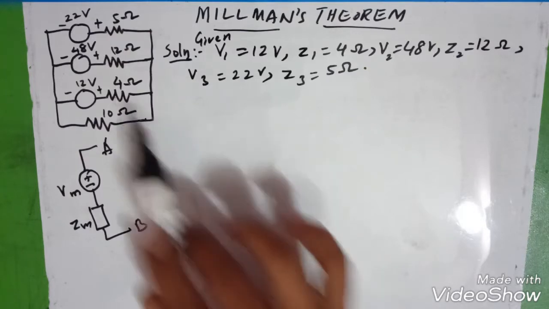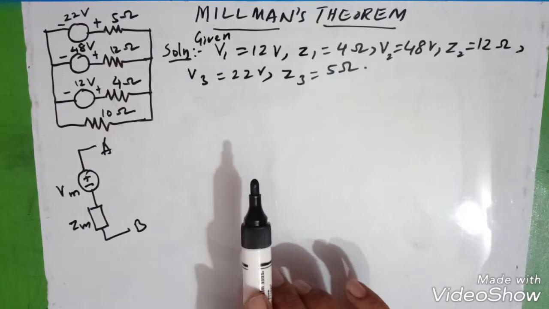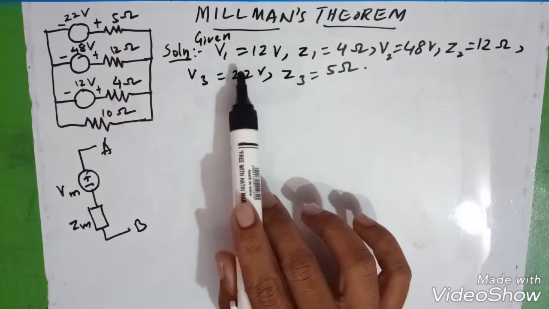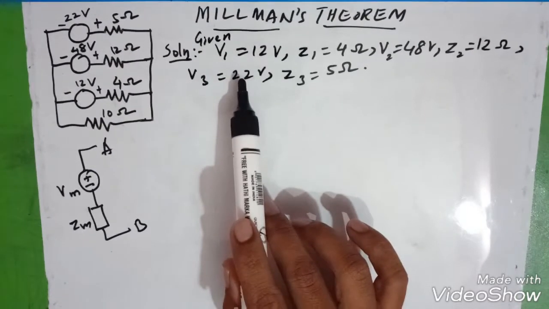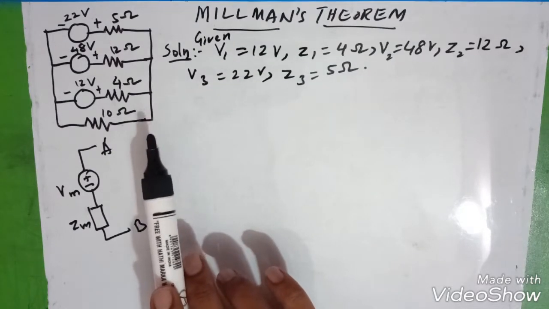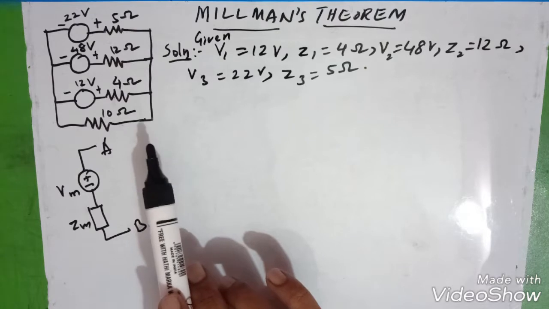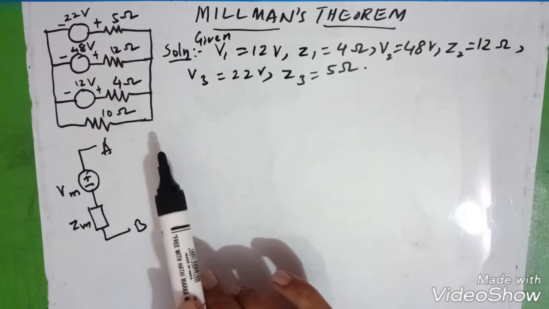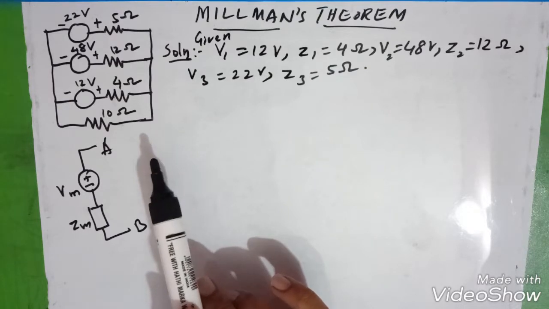Let us look at this example to understand the theorem more clearly. We are given the voltages and the impedances, and we have a load impedance of 10.